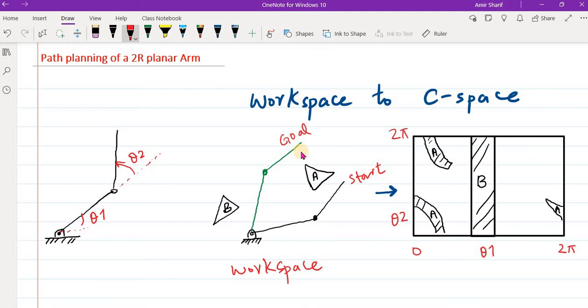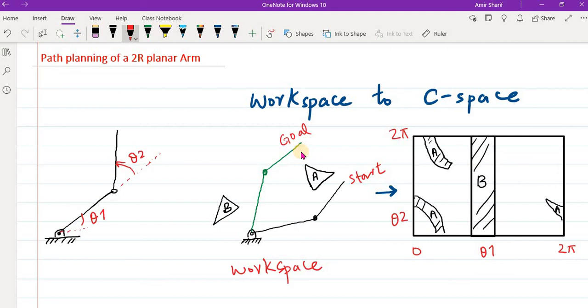It means the second link of the robot can also rotate 360 degrees. The important thing is that our C space is just all possible values of the joint angles. Now you have to see how to map the obstacles from your workspace to your C space.